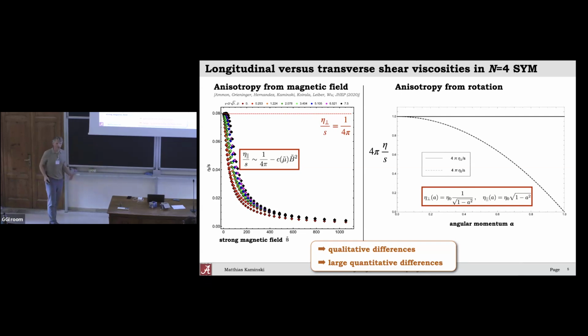Eta over S is equal to 1 over 4 pi for these holographic systems, no matter how fast they're rotating, no matter how strong the magnetic field is. But for the parallel shear viscosity over entropy density, it can be suppressed down to 0 due to strong anisotropies. That's the message here. So there's a qualitative difference that is caused by anisotropy, and there's a large quantitative difference.